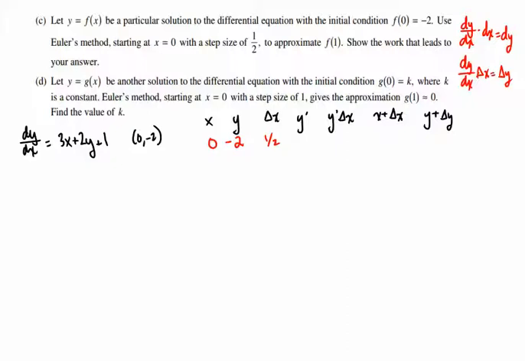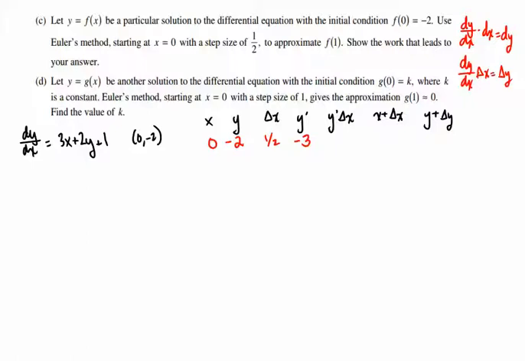So our y prime, or dy/dx, which is based on 3x plus 2y plus 1, is 3 times 0 plus 2 times negative 2, which is negative 4, plus 1, which is negative 3. So the rate of change at x equals 0, y equals negative 2, is negative 3 units.